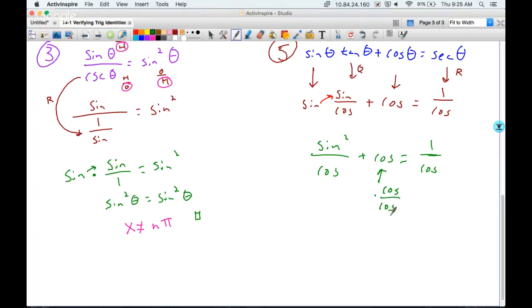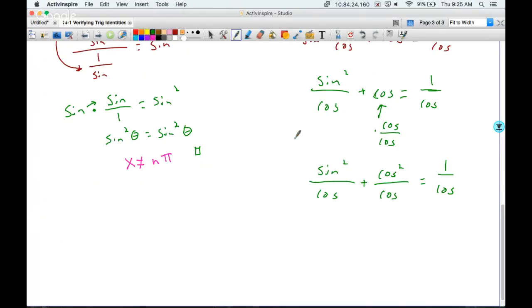This is equal to 1, so it's not something I have to do to every single term. I can multiply something by 1 without changing it. And when I do that, I'll get a common denominator. So after doing that, now I've got sine squared over cosine plus cosine squared over cosine equals 1 over cosine.